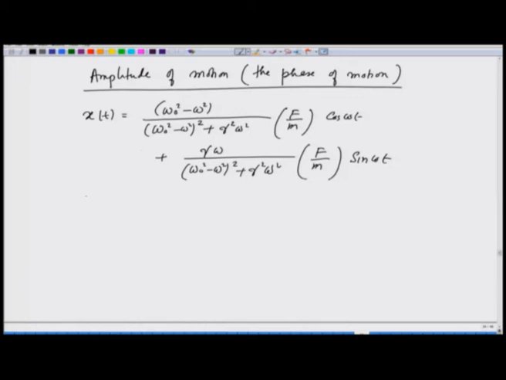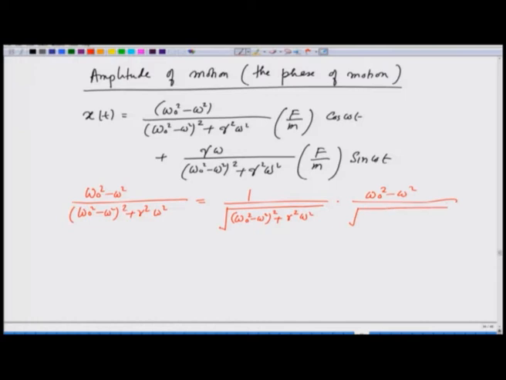So, I am going to write omega 0 square minus omega square over omega 0 square minus omega square, whole square, plus gamma square omega square, as 1 over square root of omega 0 square minus omega square, whole square, plus gamma square omega square, times omega 0 square minus omega square over square root of omega 0 square minus omega square, whole square, plus gamma square omega square.